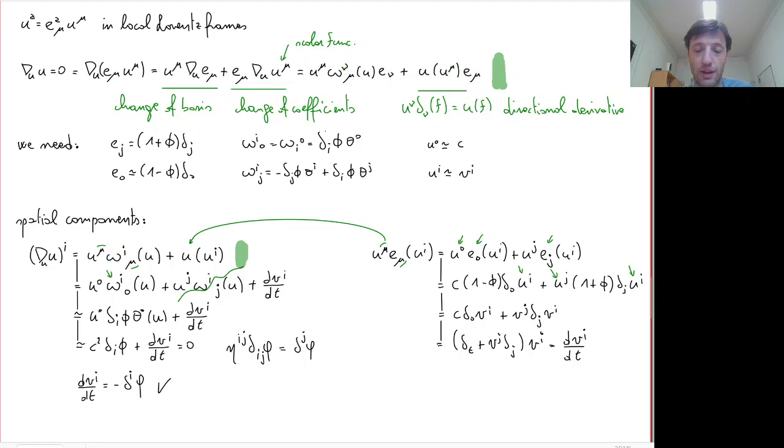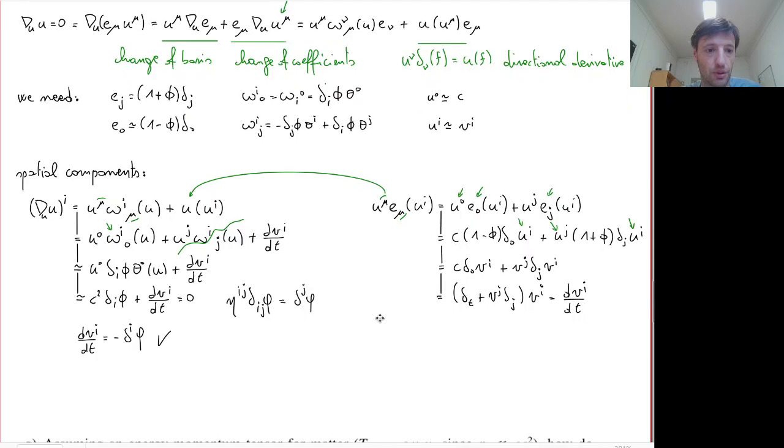Therefore, I could as well relabel this one as nu and nu, such that I have e_nu and e_nu. If I drop the basis, I'm left with the i-th component only.